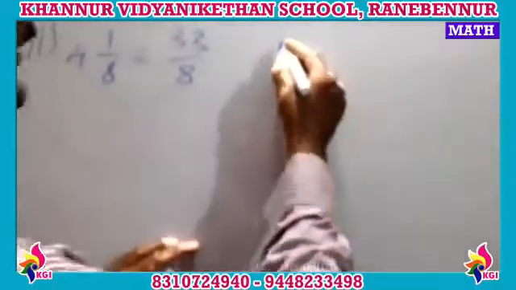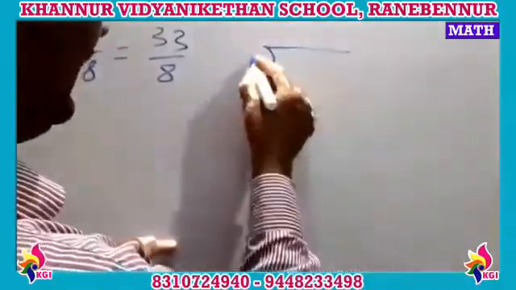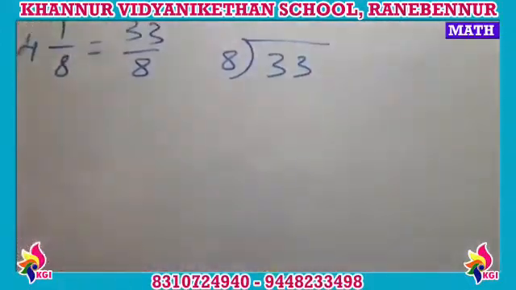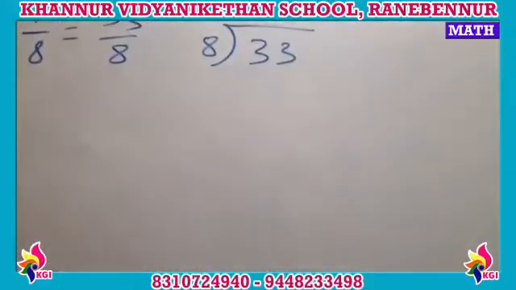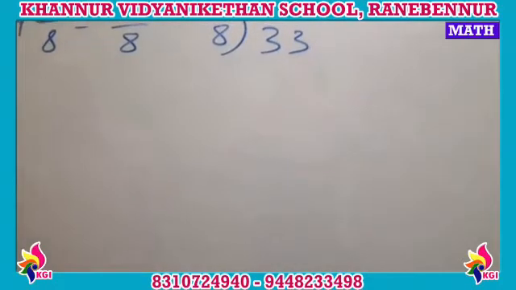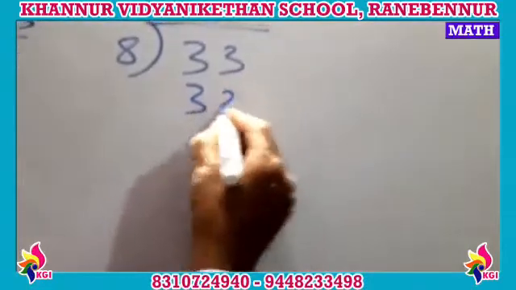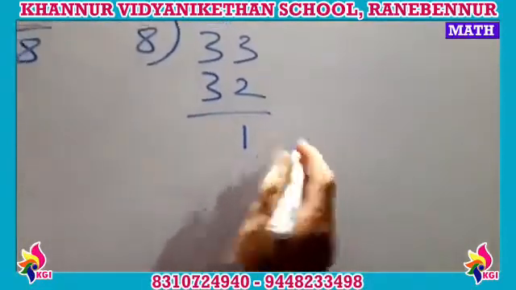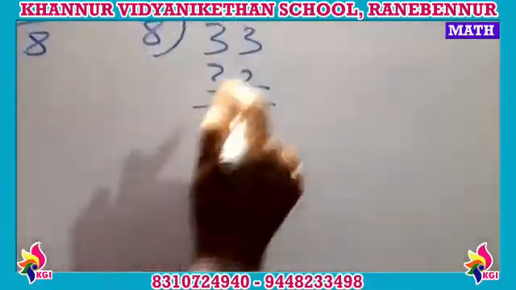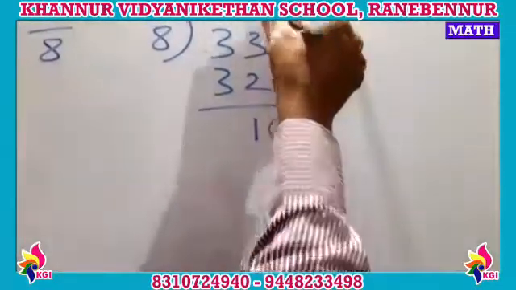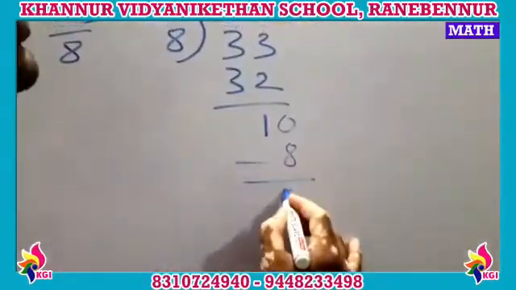So we take 8 as the divisor, 33 as the dividend. Okay children? So the next we need to go for making the weights. Yes, 8 4s are 32, remained with a 1. 1 is less than 8. So that is the reason I need to put a point, take a 0. So 8 1s are 8, remained with 2.